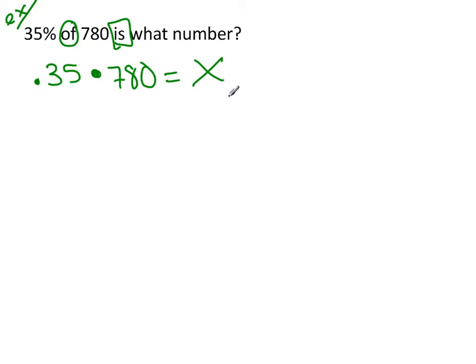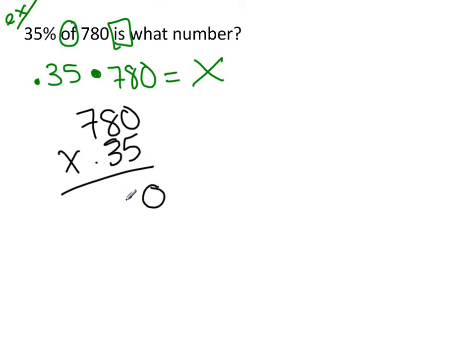X is already by itself, so all we need to do is the multiplication of 780 times 0.35. And we'll just do it. So we got 5 times 0, 5 times 8, carry the 4. 5 times 7 is 35, plus the 4 is 39.